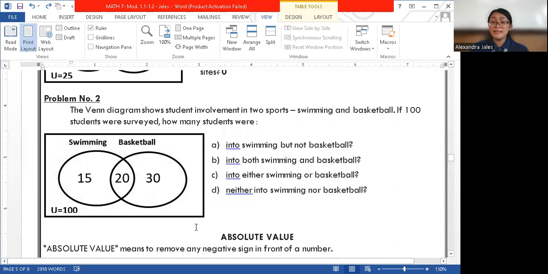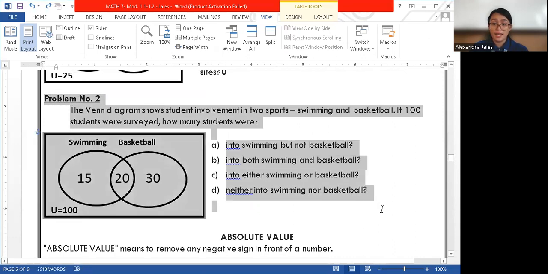Clear? I am not telling you to pass your mini task today. I'm just telling you if you finish answering this problem number 2, you could answer your mini task. So I think that would be all for today. You have this also in your module, okay?